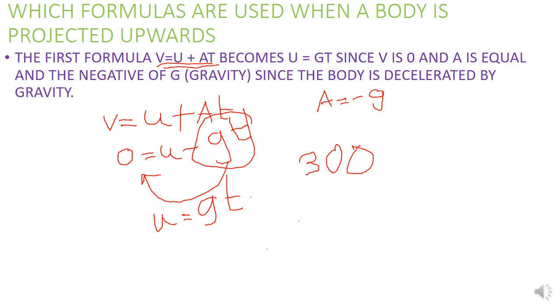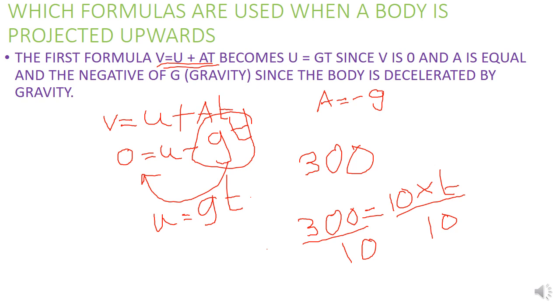So what happens is that 300 will be equal to g, which is usually 10 meters per second squared, times time. If you divide by 10 on both sides, 300 divided by 10 will be 30.